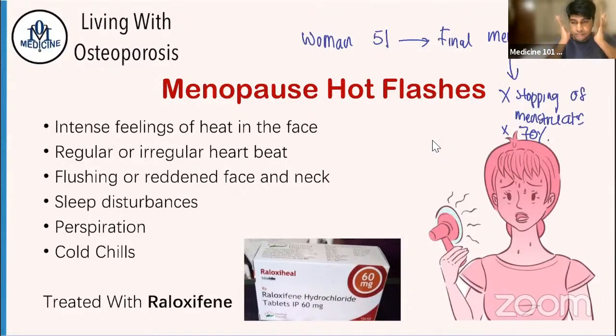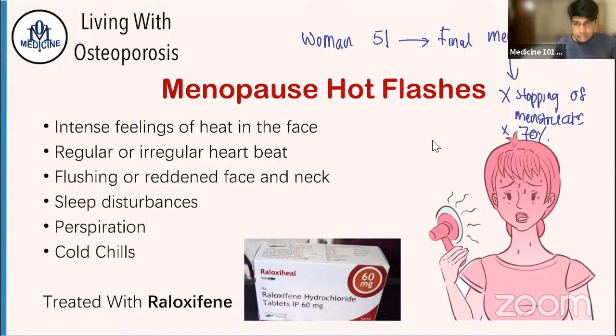They have this feeling of heat in the face. It's very hot. They can have heart palpitations. They can feel like their heart is pumping hard. Then there's flushing of the face and the neck, sleep disturbances, perspirations, and cold chills.